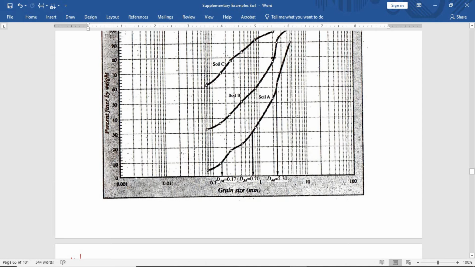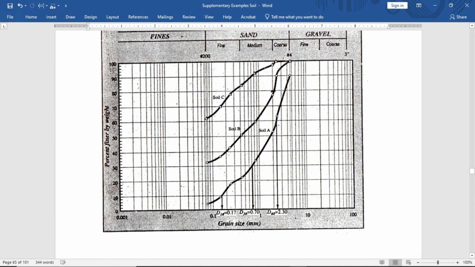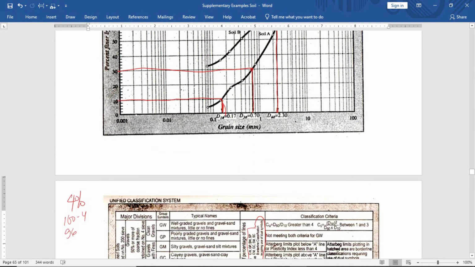So let's start with soil A. Soil A has a 60% finer of 2.3, and a 10% finer of 0.17. For the 30% finer, it is 0.7 mm.